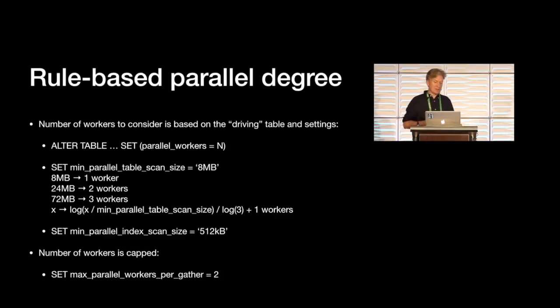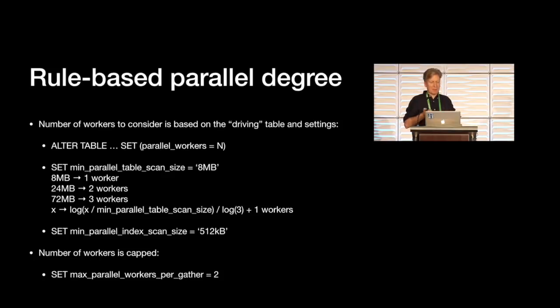One way you can control the parallel degree is just to say alter table blah set parallel_workers equals 42. That will, if that table is selected as the driving table, or the outermost table, if you follow the outer branch all the way down a join hierarchy, control the number of parallel workers. But normally, if you haven't set the parallel workers explicitly like that, it's determined by the size of the scan. And there's a GUC setting you can adjust.